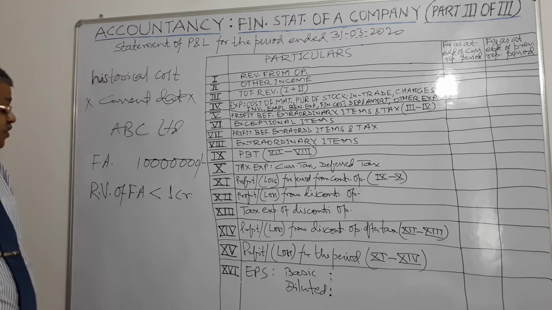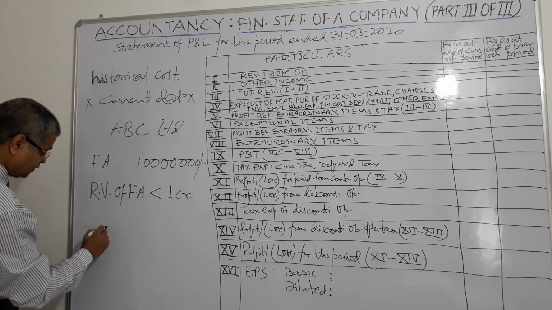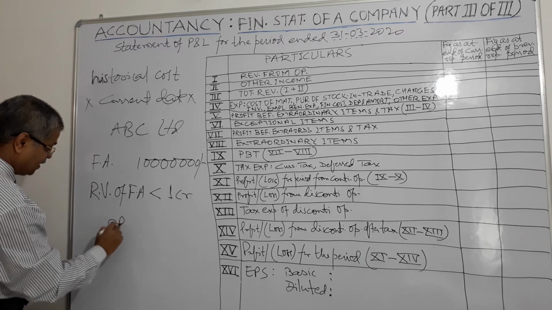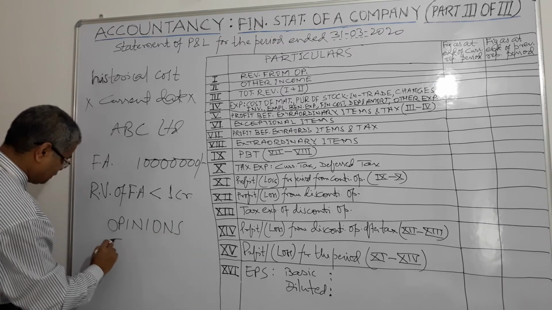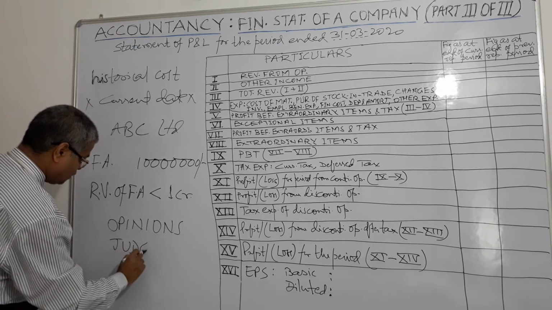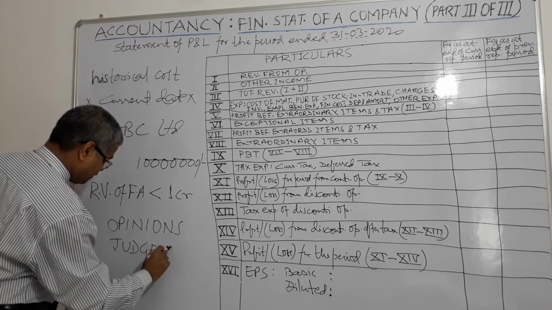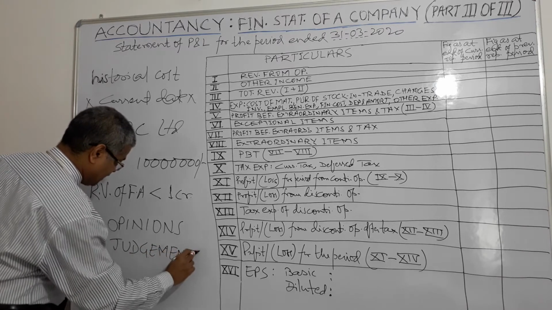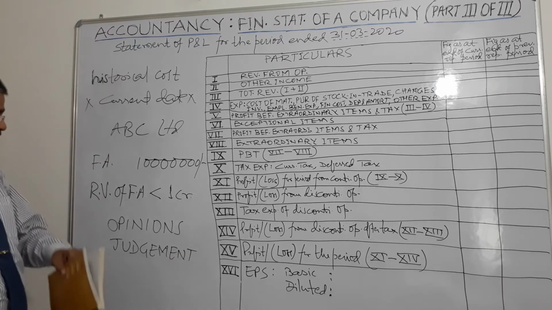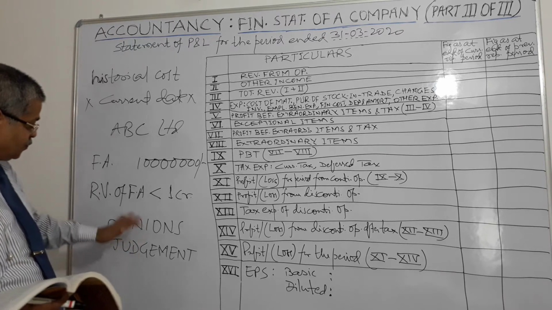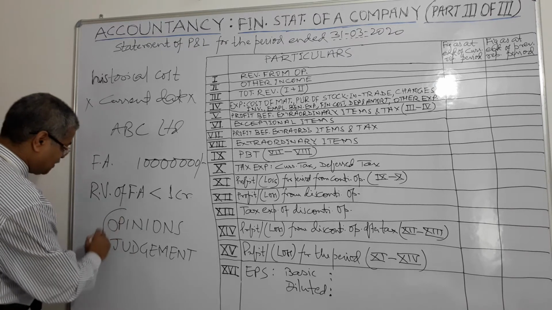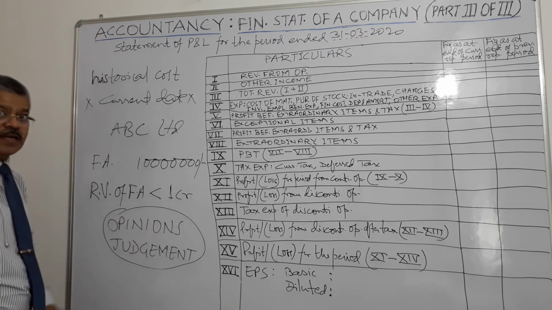In the previous video we have discussed that opinions, judgments of the management are there in the financial result and financial performance, financial position of the company. So it may not reflect 100% actual position, right?